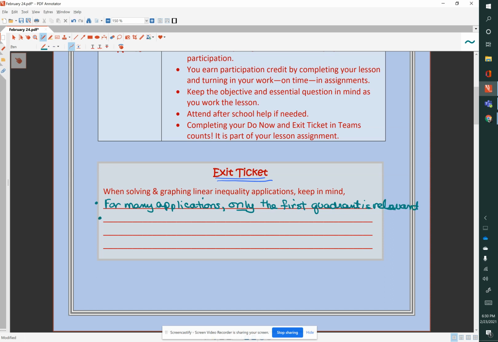Another thing to keep in mind, for many applications, only whole numbers are relevant. If you're talking about how many people can fit somewhere, you're not going to have half a person. So only positive whole numbers, I should say, for many of them.